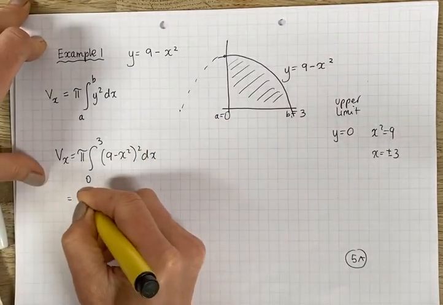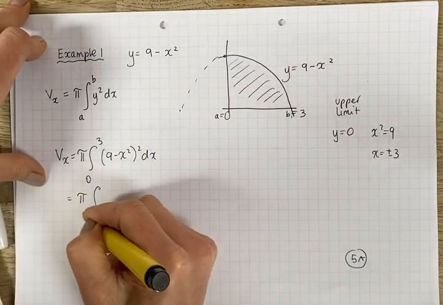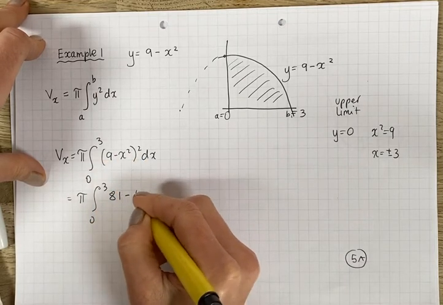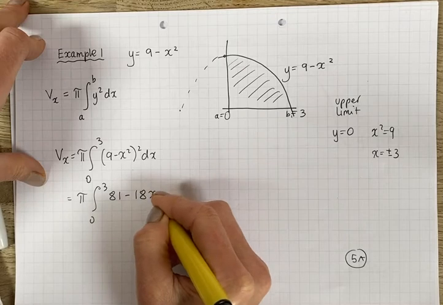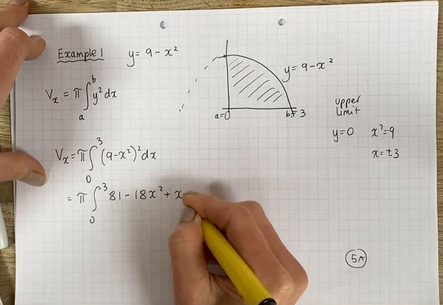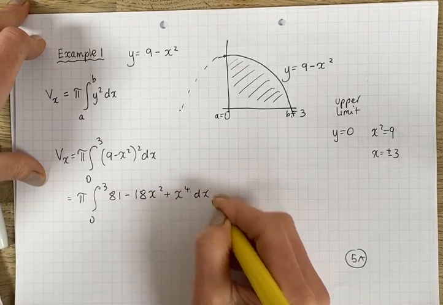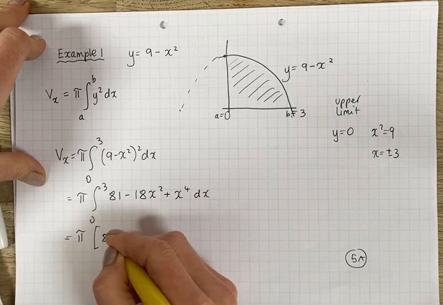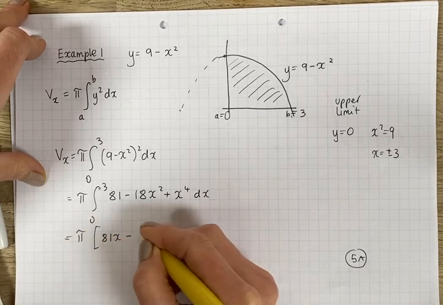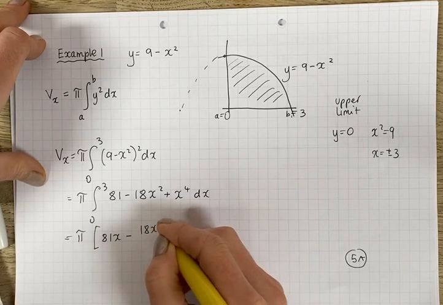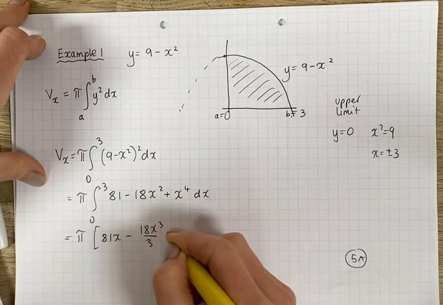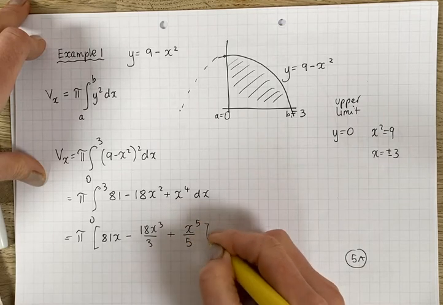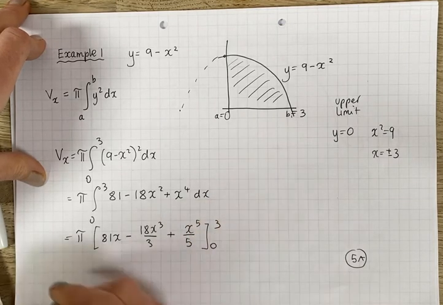Okay, so now it's just the mechanical integrating that needs to be done. So let's prepare it for integration. Expand it: 81 minus 18x squared plus x to the power 4, dx. So let's integrate: 81x minus 18x cubed over 3 plus x to the power 5 over 5, between the limits 0 and 3.